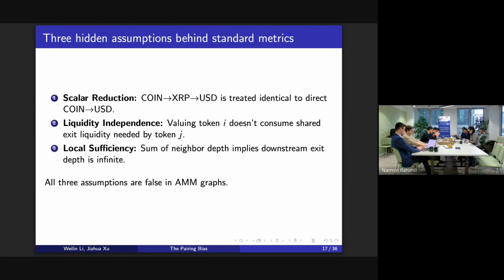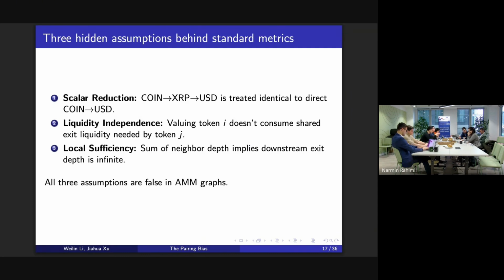So when we use market cap as a metric, it has three hidden assumptions. First, as I said, it uses one value to replace all the routings and all the liquidity bottlenecks. The second is that it assumes liquidity independence. Let's think of such a case. Ethereum has a 100 trillion market cap.